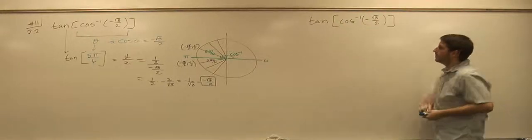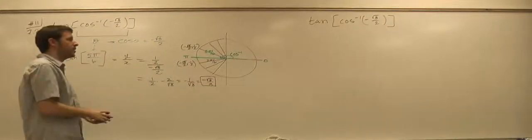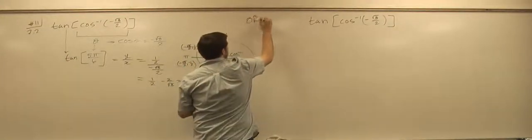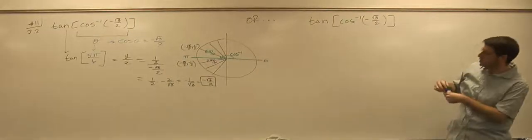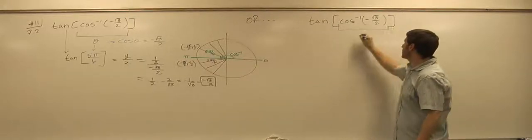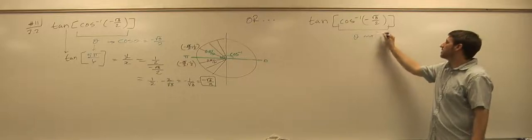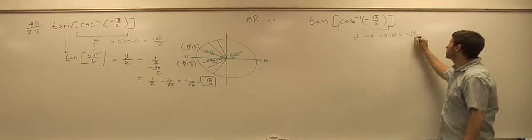So what I could have done, if I didn't notice that negative root 3 over 2 was a special ratio on my unit circle, I could have said, all right, well, let me rephrase this question. Okay? I know cosine inverse is always an angle. And it's the angle that makes cosine equal to negative root 3 over 2.